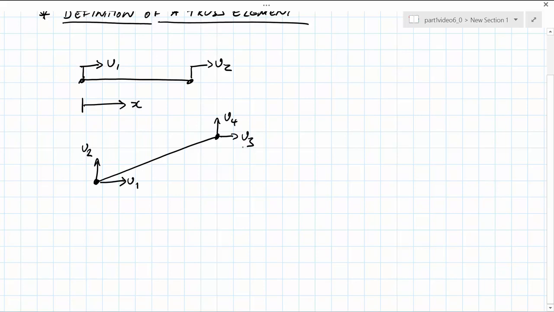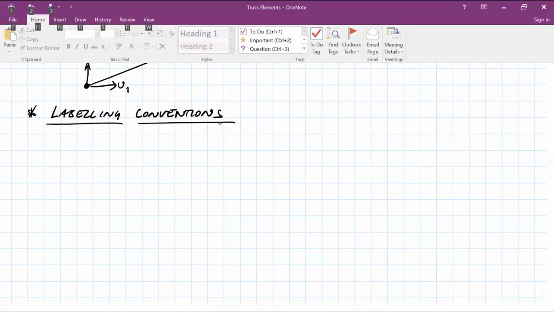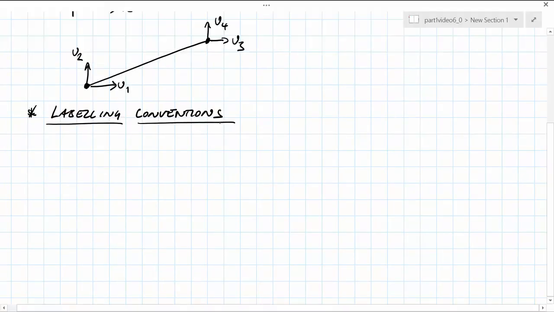As such, this is a 2-dimensional element with 2 degrees of freedom per node. As there are multiple degrees of freedom per node, it is helpful to devise a labeling convention. Consider the following arbitrary structure comprising of truss elements meeting at a single point, this point being point I.